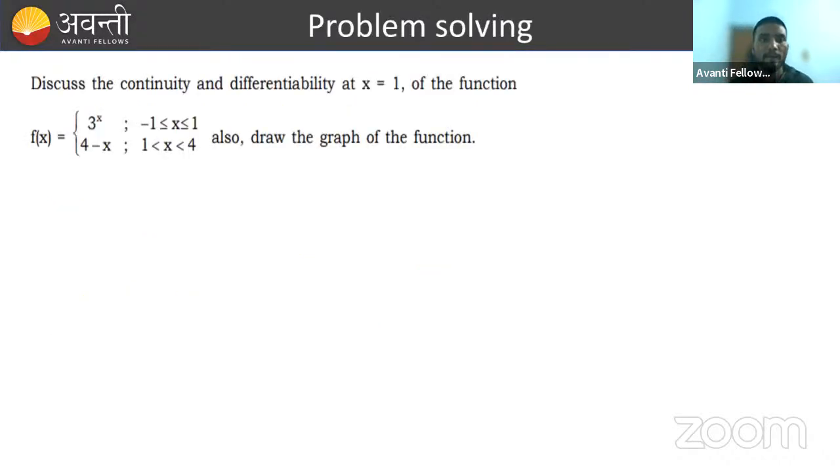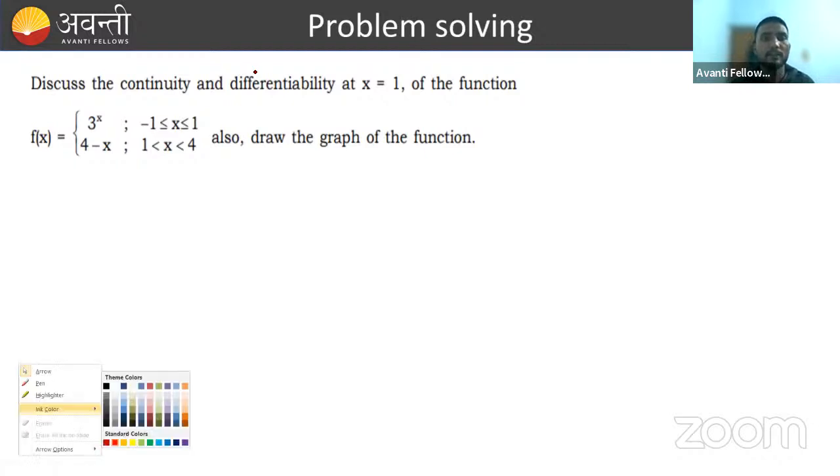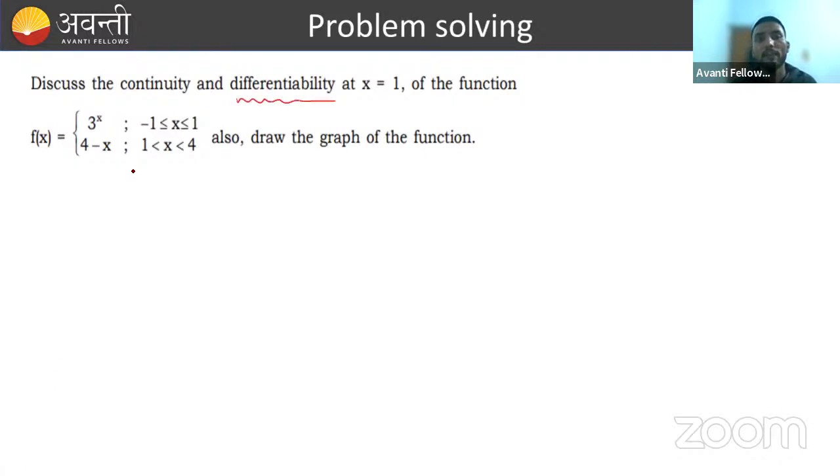Like this one, I have to check the differentiability. First of all I have to check whether it is continuous or not. For continuity, I have to check LHL is equal to RHL at x equals 1.